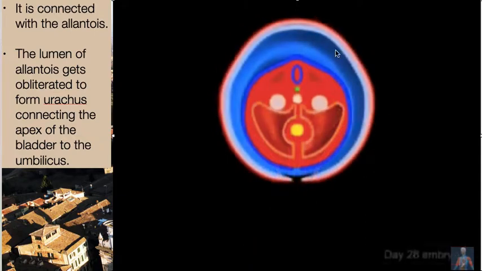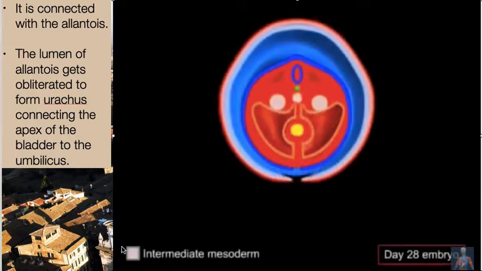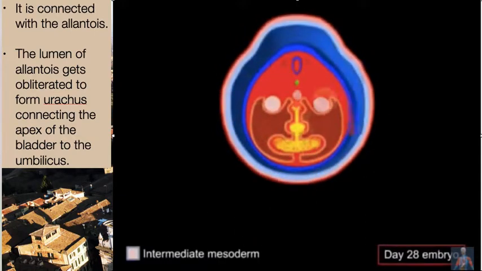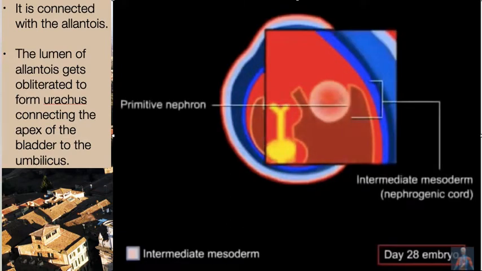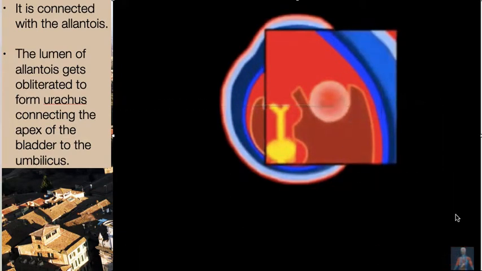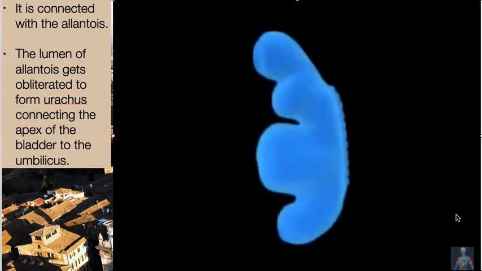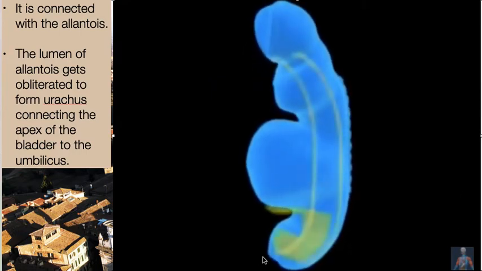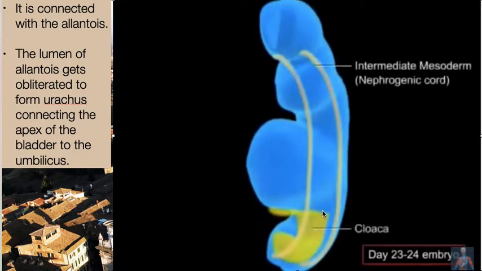Here you can see again the development of the intermediate mesoderm, primitive, this is your cloaca.